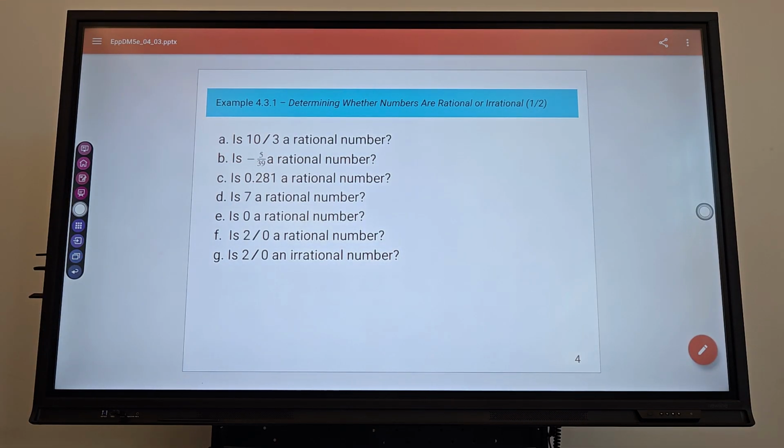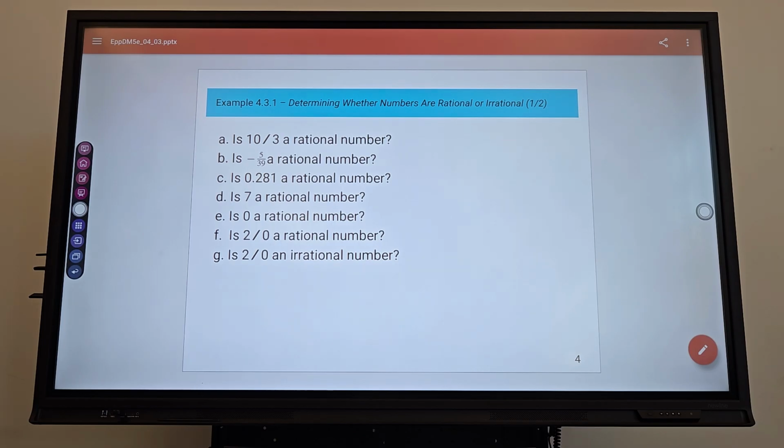Is 10 over 3 a rational number? Yeah, pretty obvious. Is minus 5 over 39 a rational number? Yeah, minus 5 and 39, it's two integers.